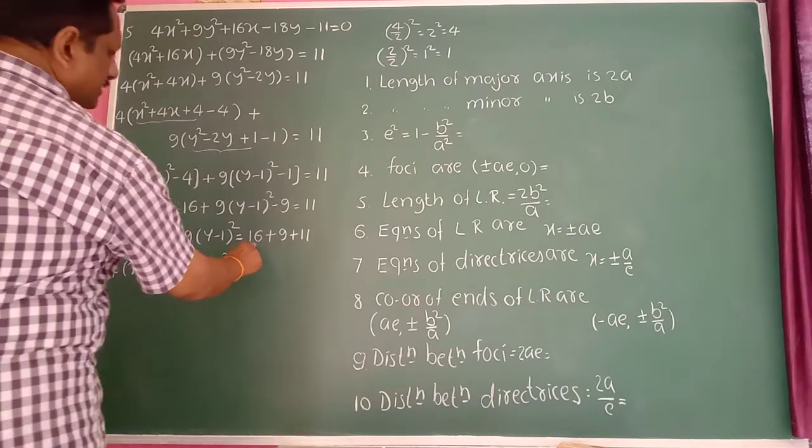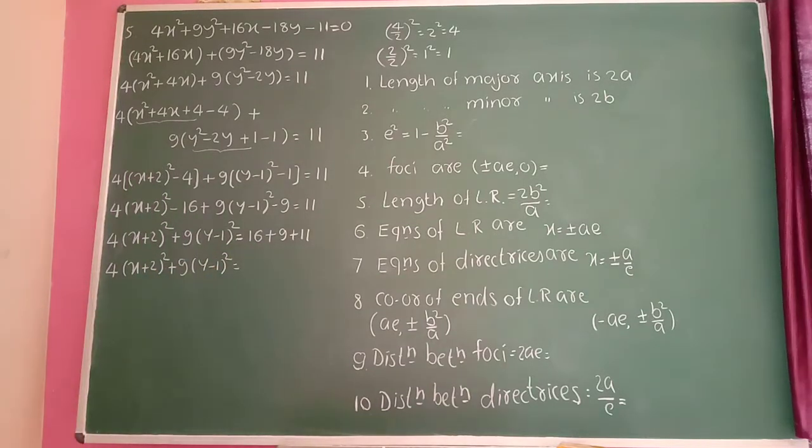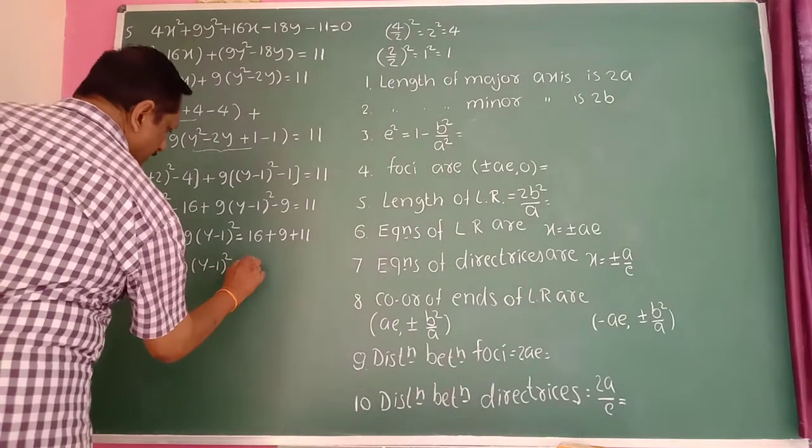So 16 plus 9 is 25, 25 plus 11 becomes 36 here.